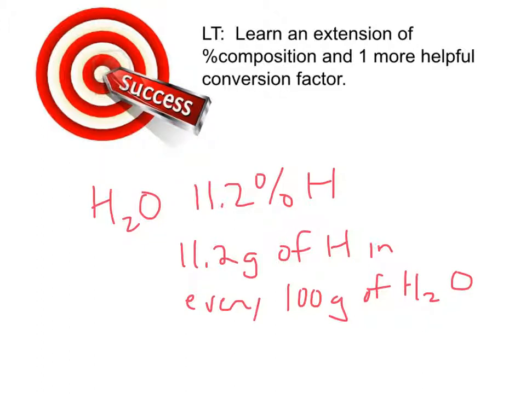So the thing I want you to notice here is that it is a mass percent that we're talking about. We're talking about the percent by mass of hydrogen, so of that element, in 100 grams of the entire molecule or compound.